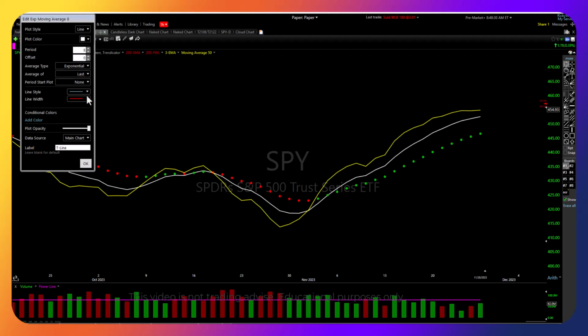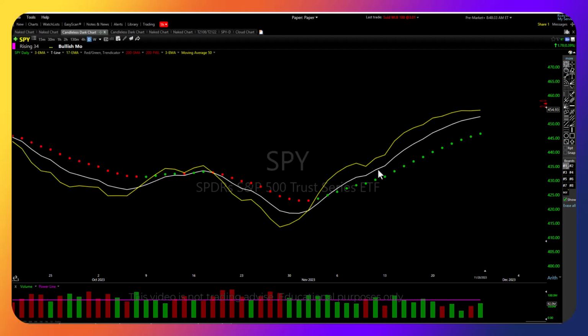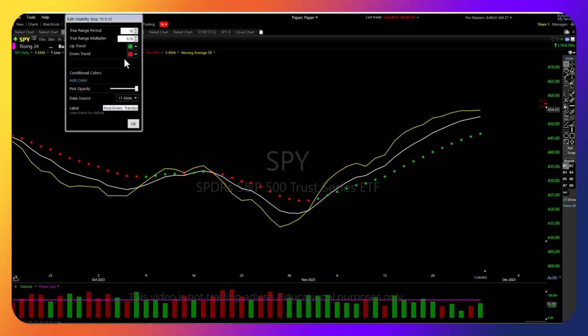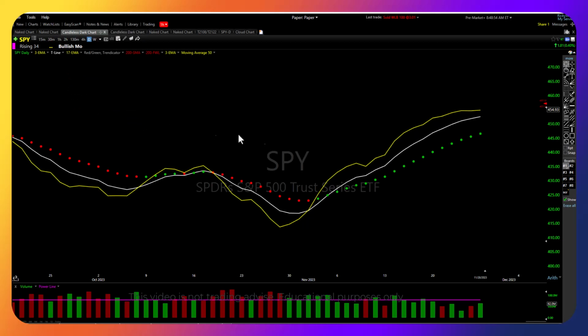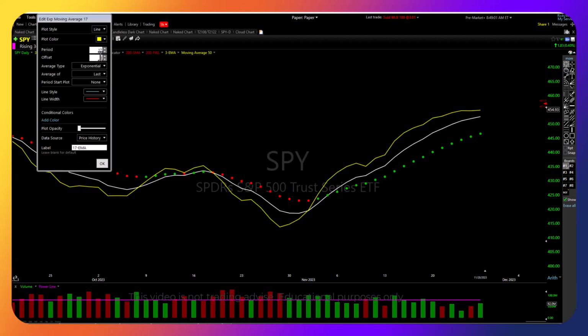And the green dots, that's what we call the trend indicator, okay? So I'm going to click on the trend indicator and show you that first. The data source is the 17 EMA. If you want to do this, just let me know and I can help you if you have TC2000, okay? So the dotted line really is nothing more than the 17 exponential.